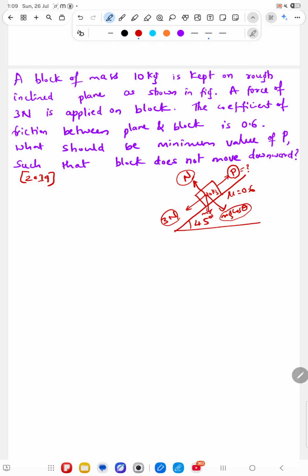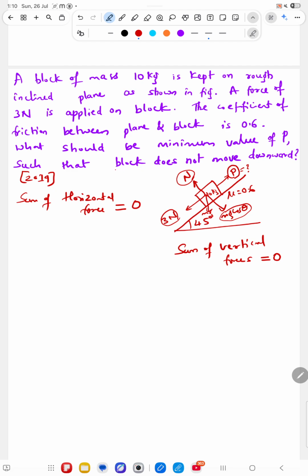Now I will divide this problem statement into two parts. I will calculate the sum of horizontal forces, which must be equal to 0, and the sum of vertical forces, which must also be equal to 0, meaning the total resultant of force must be 0.